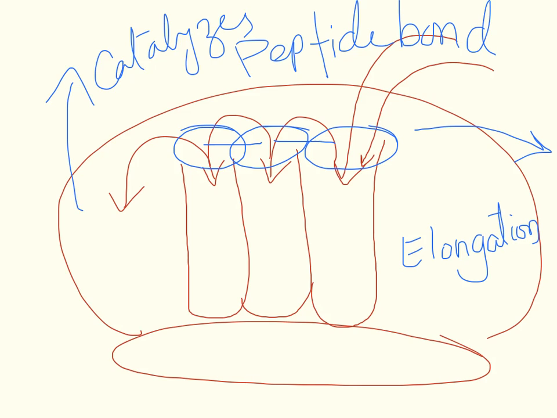This process keeps repeating, and we come to a stage where the mRNA is bound to the smaller unit of the ribosome, and at any given instant there are about two tRNAs bound. I'm going to show the tRNA in blue color.